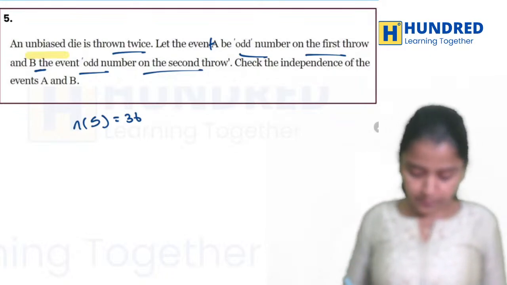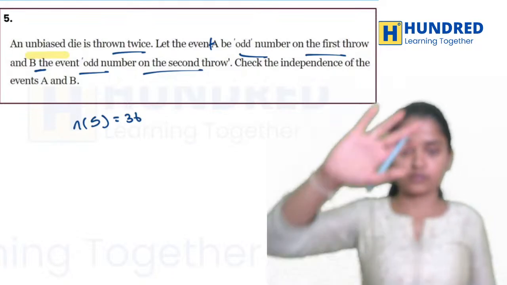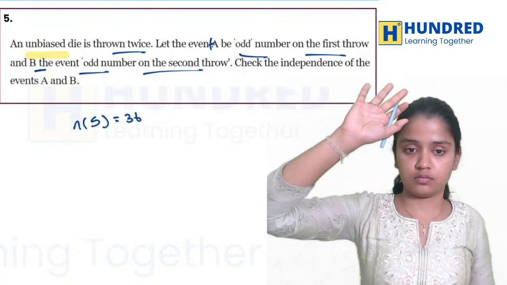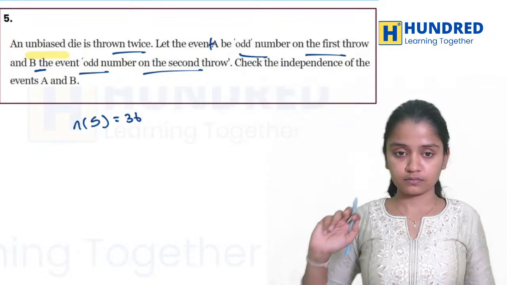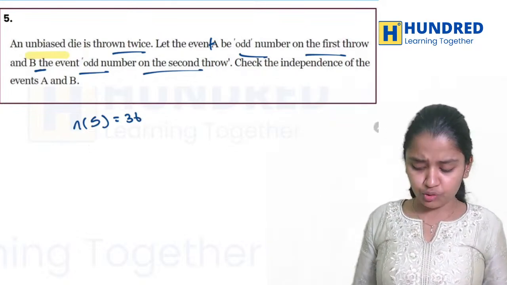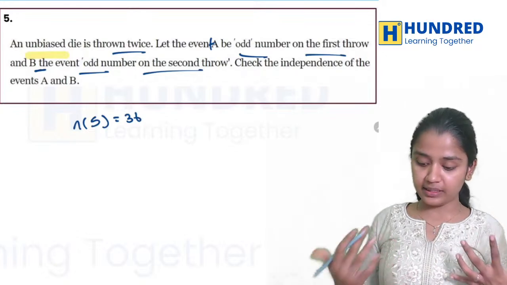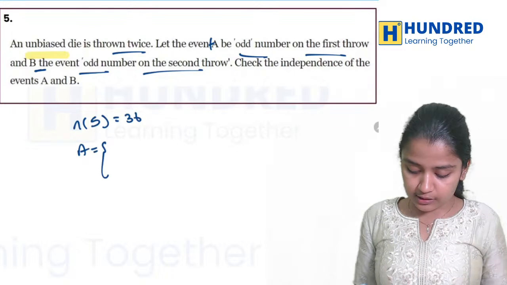I hope it's clear now. I'm not rewriting what my event A and event B are, you just have to write. So A is an odd number on the first throw.